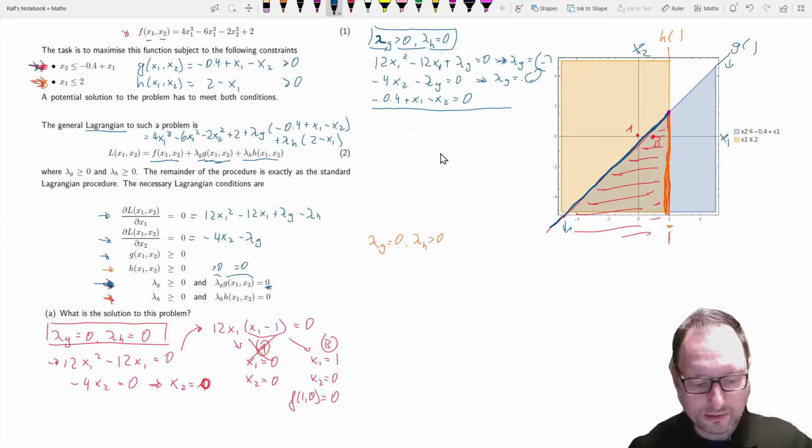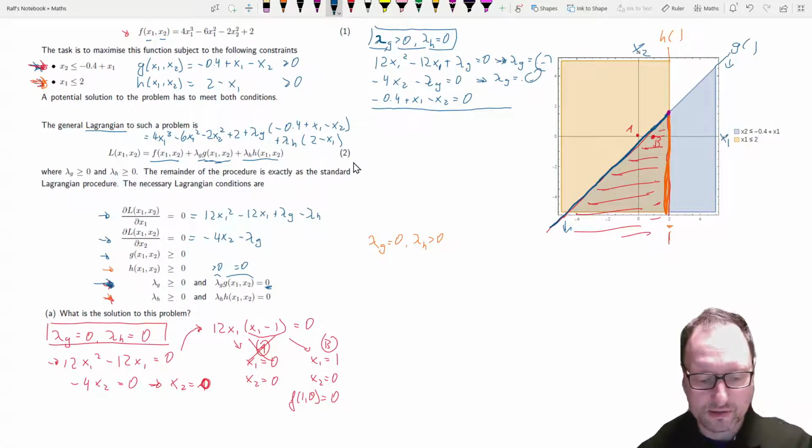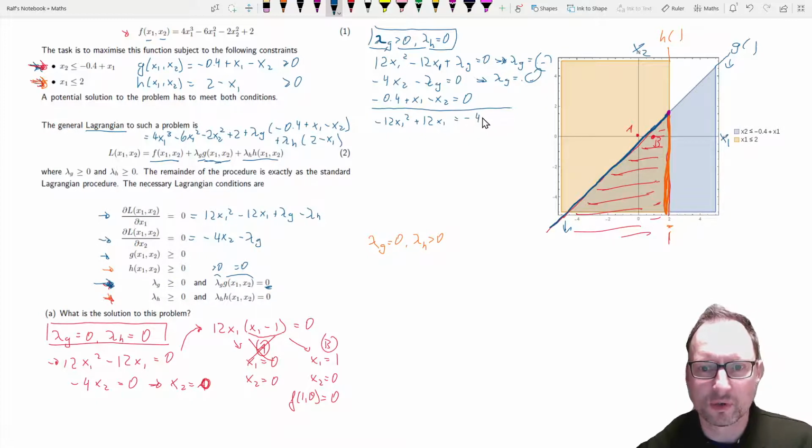When you do that, what you get is negative 12 x1 squared plus 12 x1 is equal to negative 4 x2.